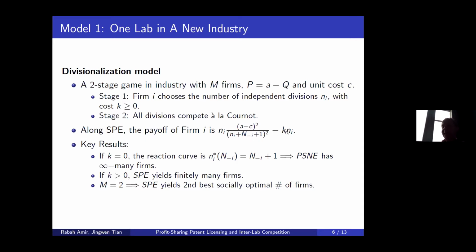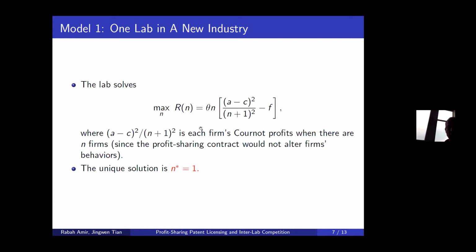And then minus K times Ni, because for each firm that lab I picks to enter the industry, there's a fixed cost K. And so let me just say the result, and then I'll come back to analyzing this payoff function.